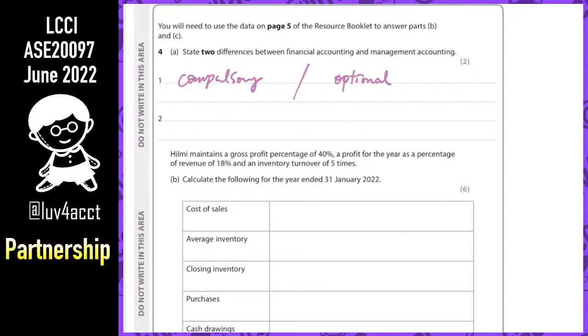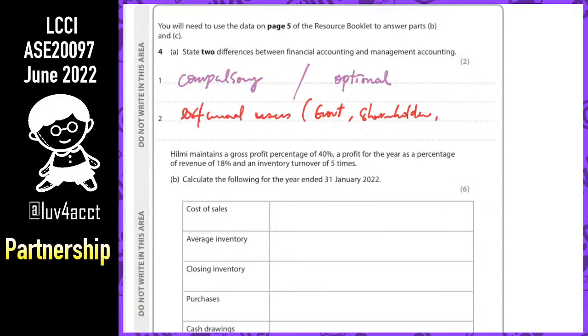So how about the second difference? Usually I would say financial accounting is for external use, external users, like the government, like the shareholders. Why do I say that shareholders are external? Because shareholders don't manage the company.